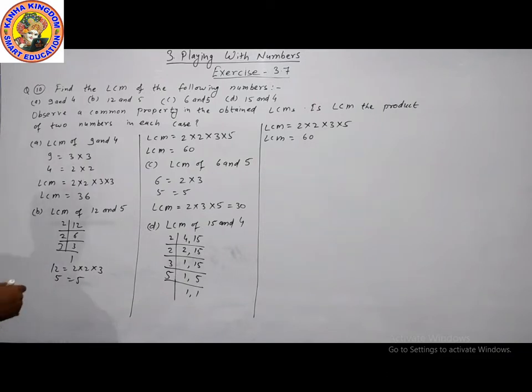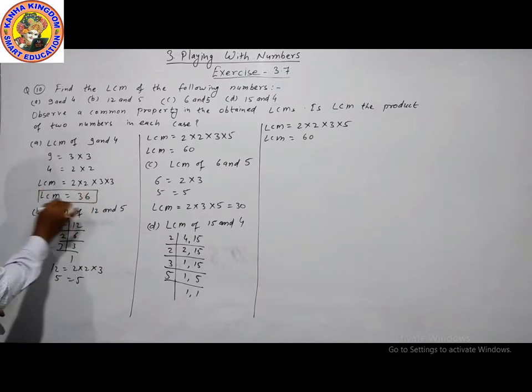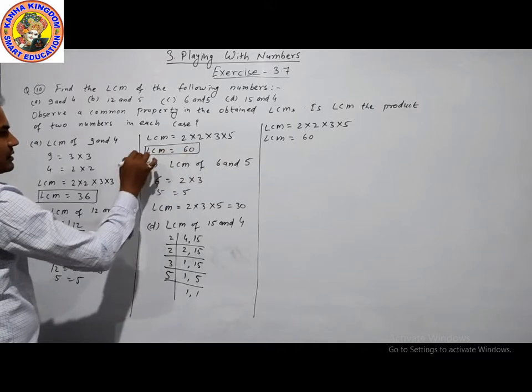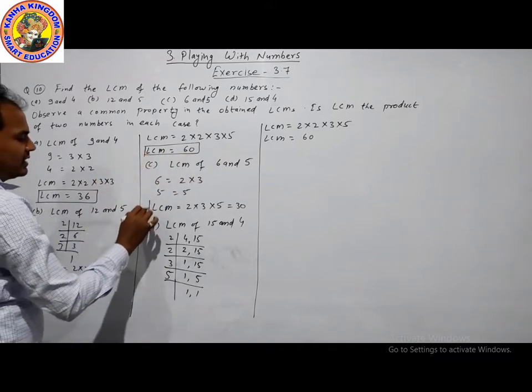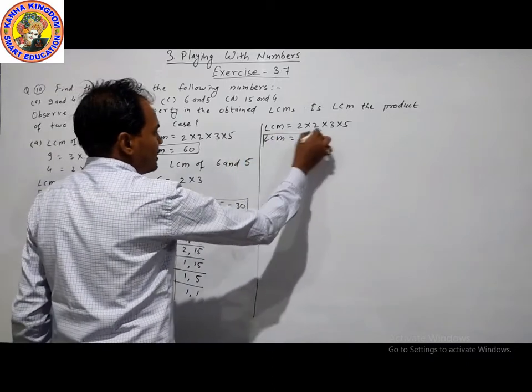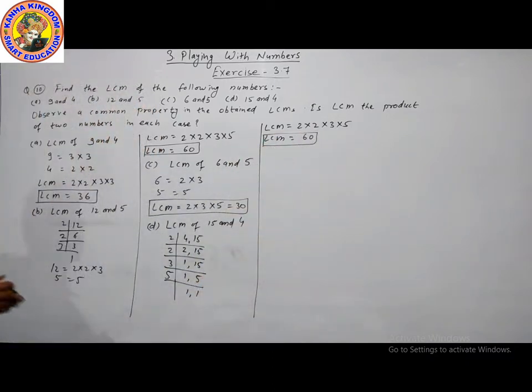So here are all the LCMs. The first LCM is 36, the second LCM is 60, the third LCM is 30, the fourth LCM is 60.